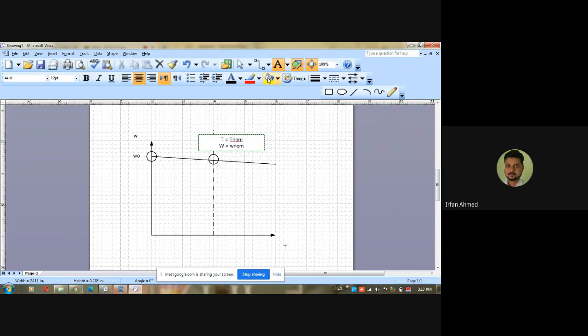We're using nominal instead of rated here. Nowadays, we don't use nominal, we use rated. Okay, is this clear?